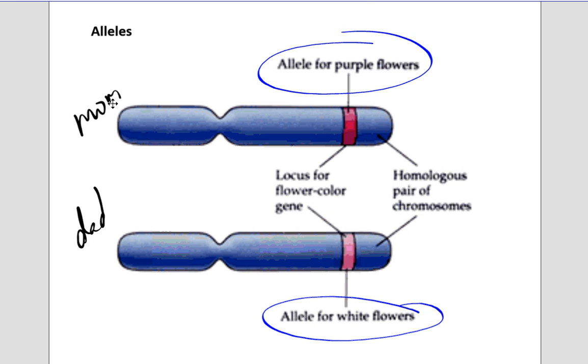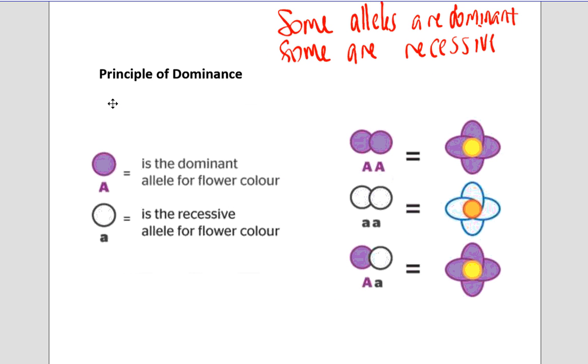That brings us to the next idea, which is Mendel's principle of dominance. Very important to understand in Mendelian genetics is the principle of dominance. Mendel's principle of dominance was this: some alleles are dominant, some alleles are recessive. The dominant alleles will always express themselves, and the dominant alleles will always mask the expression of the recessive alleles.